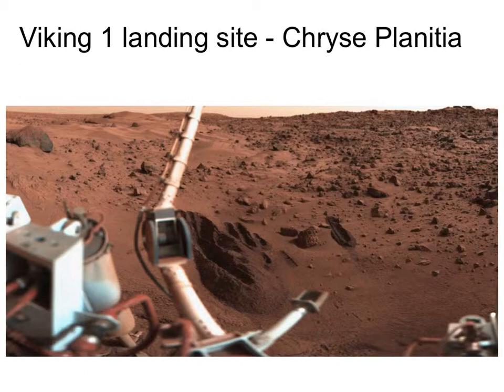So this is really the first successful lander. Here is the Chryse Planitia landing site. What do you see? Dust, rocks, different kinds of rocks maybe. You see where the probe has scooped up soil samples, although we don't call it soil, to check for life, and we'll talk about that later as well.